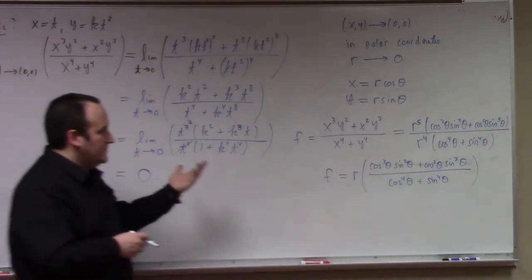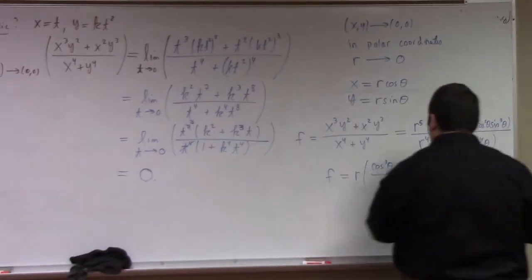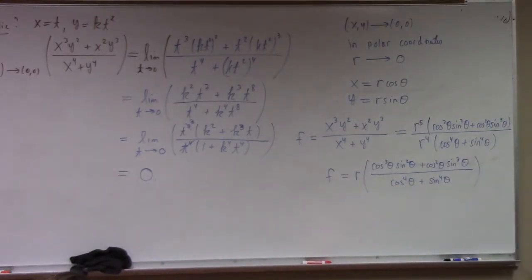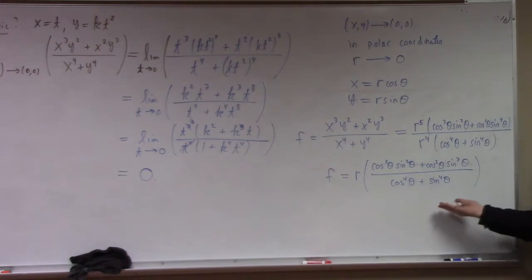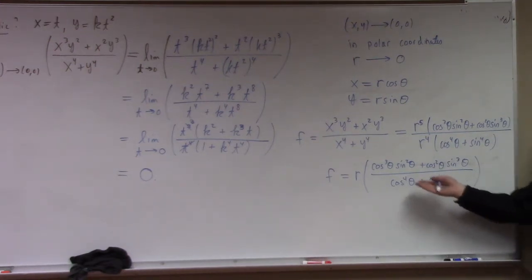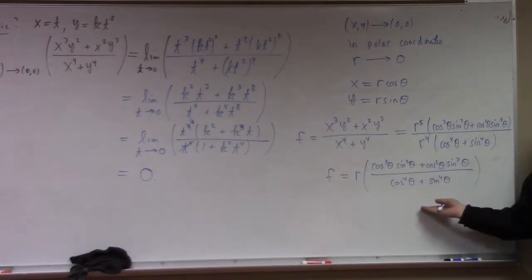In the limit, as we consider r going to 0, what happens? We get r going to 0, and we get something that's, I don't care what it is, finite, because it's some finite number divided by something which isn't 0. Consequently, the limit is 0.